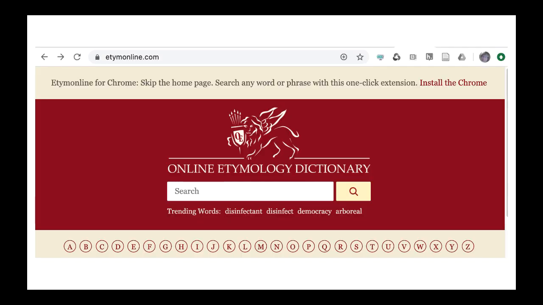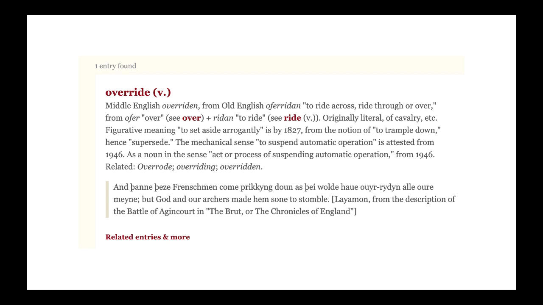So I went to Etymonline to look for the etymology of override, and found this, and it says, the mechanical sense to suspend automatic operation really didn't come into the language until 1946.